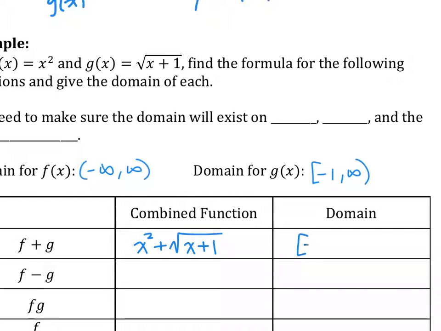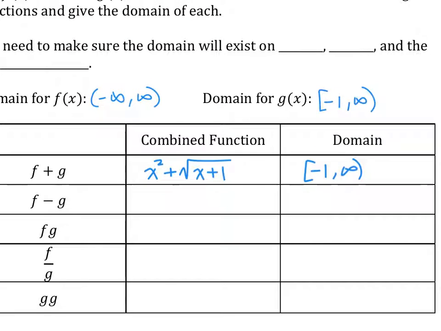Yes, negative 1 and higher. So you take the picky eater. Okay, so this is the case of the picky eater. No matter what we do, we are looking for the picky eater. Okay, so f minus g is the same idea, x squared minus square root of x plus 1. So what's the domain?